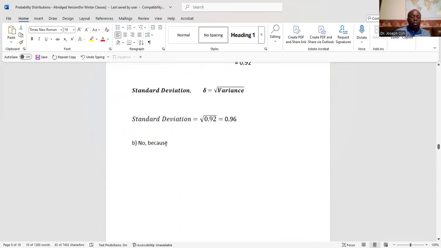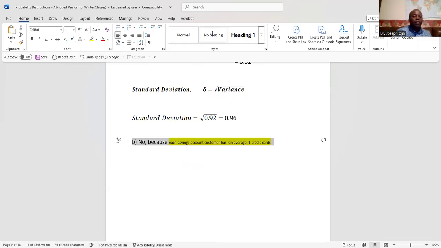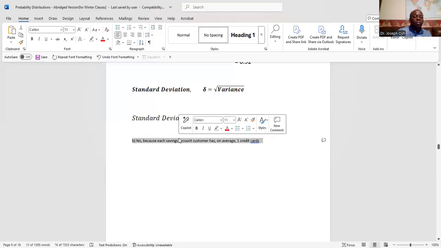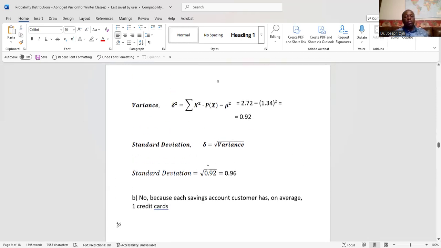So the claim is incorrect, because each of the savings account customers has on average one credit card, not three. Each of these customers has only one credit card. He claimed that they have three. They don't have three, they have one. Any question on this? Any query?